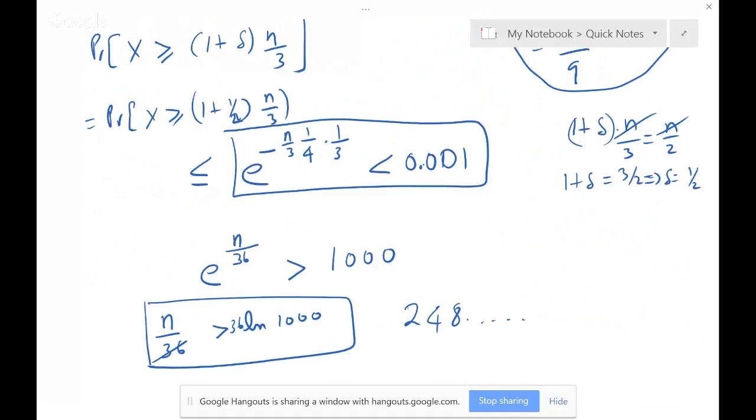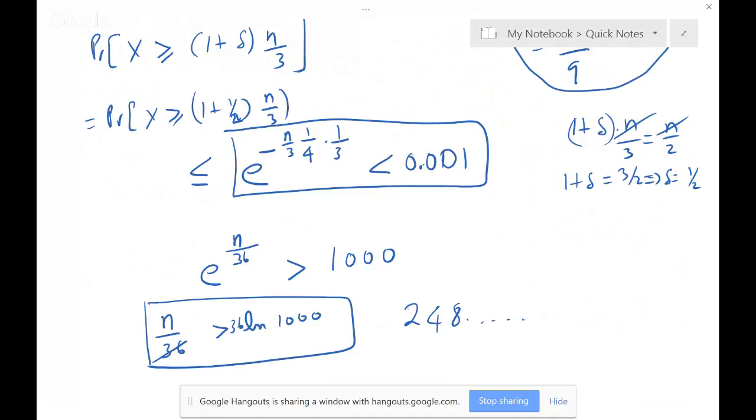One of the statements could be: given two random variables, the expectation of the sum of those two random variables is the sum of their individual expectations. And the second option, let's say, is that the variance of the sum of two random variables is always equal to the sum of their individual variances.